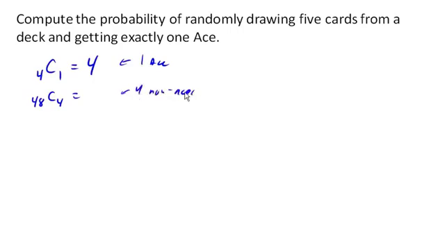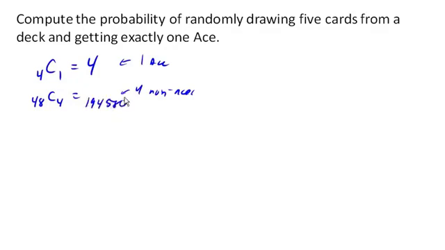Now remember, we're doing counting here, so we're figuring out how many ways I can pick 1 ace out of 4, and how many ways I can pick 4 non-aces out of 48. And there are a fair number of ways of doing that.